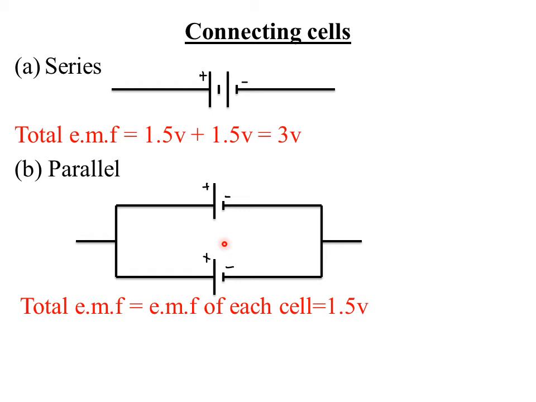So the effective EMF for identical cells in parallel is the same as the EMF of a single cell. Then you should note that cells should be arranged in parallel only when they have identical or the same EMFs.